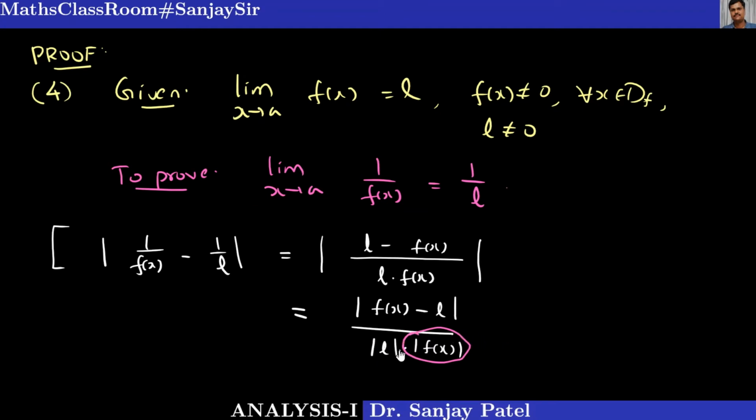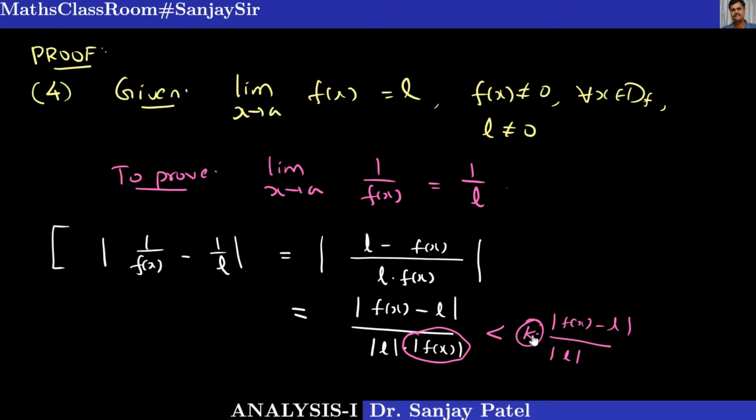So this will be cancelled and finally we get less than epsilon. You understand? So if I can make this 1 upon f(x) less than k, some number k, which I will find, then the whole quantity can be made less than epsilon very easily. So this is our basic idea.